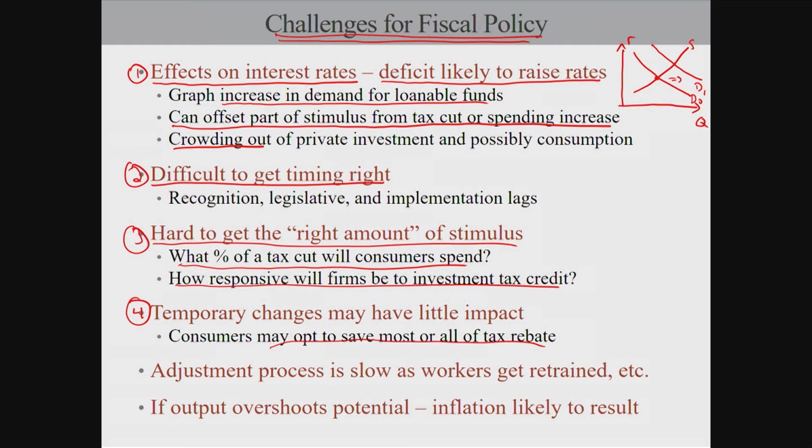They may, for example, opt to save most or all of a tax rebate. And so these represent important challenges for fiscal policy. If output overshoots potential, then inflation is likely to result. It's also the case that as the economy is churning through, if we have a lot of employment loss, there's going to be a slow adjustment process as workers get retrained and potentially shift to other jobs.